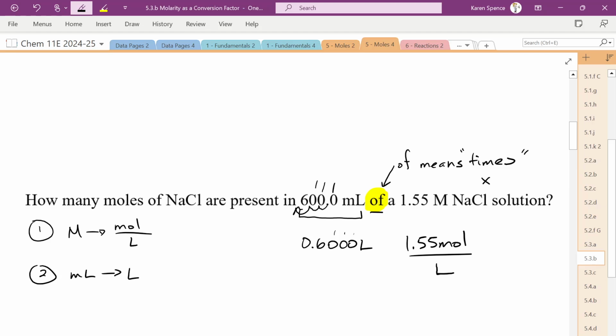And this is going to become convenient later on when you start getting a whole bunch of different volumes and concentrations in a question, because later on we'll have two substances reacting together. So it's always nice to say, oh, look, of means times.